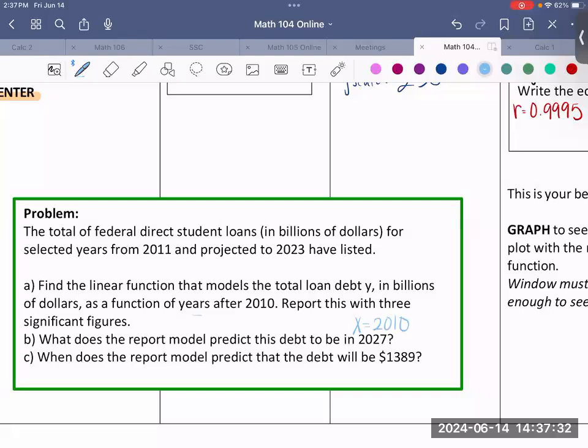So in 2010, that's when X is equal to 0. So then what is your X value for the year 2027? Well, the year being 2027, X should be 17.